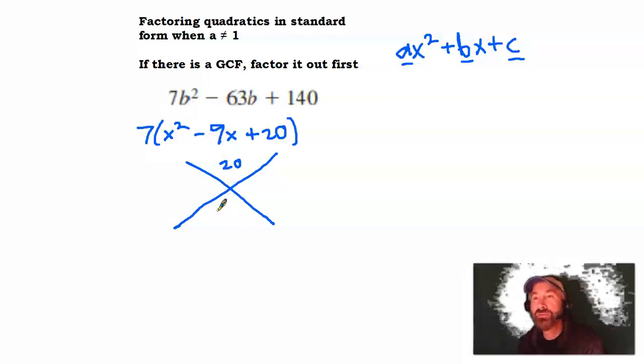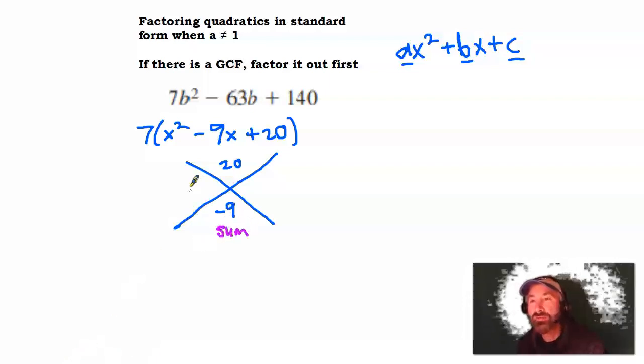Then we take the number in the middle, put it down below, that's negative 9. The number down below will be the sum. This guy will be the sum of whatever numbers we put here. And this guy up top will be the product of whatever two numbers we put here and here.